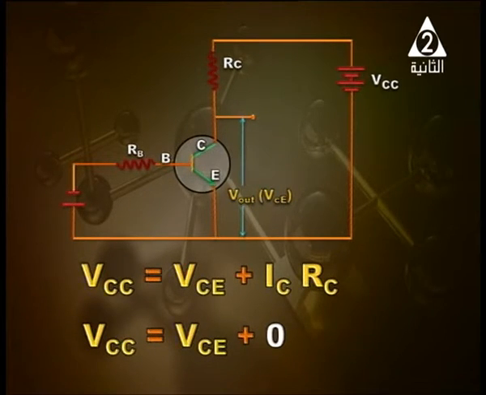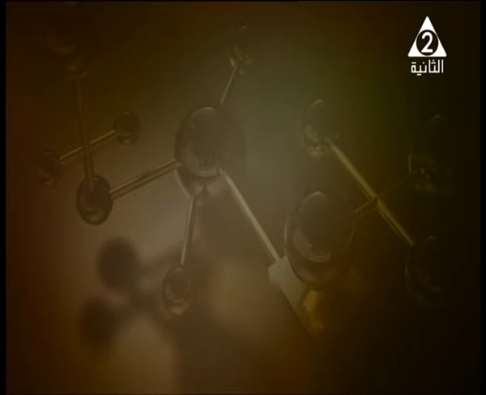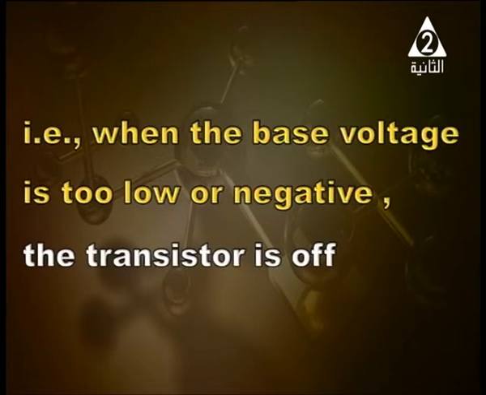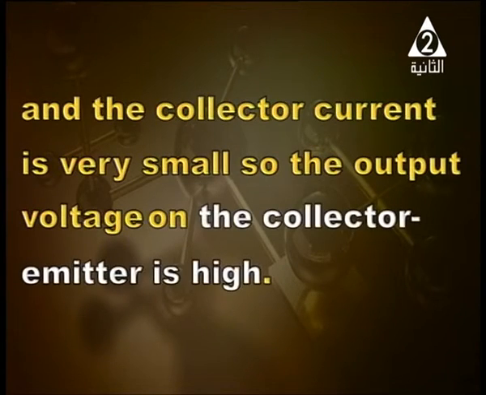It turns out that VCC equals VCE. That is to say, when the base voltage is too low or negative, the transistor is off. The collector current is very small, so the output voltage across the collector emitter is high.